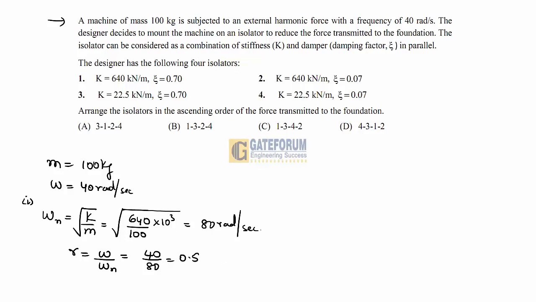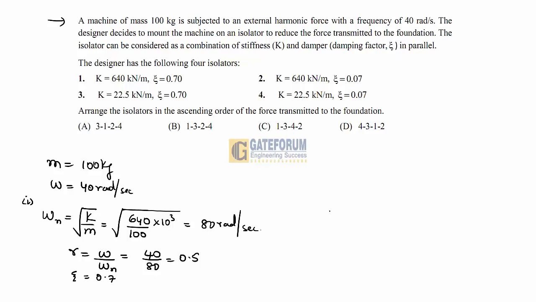Zeta is the damping ratio, that is equal to C by 2 root mk. But zeta is directly given to us, so no need to consider the C value. That is, zeta is equal to 0.7.